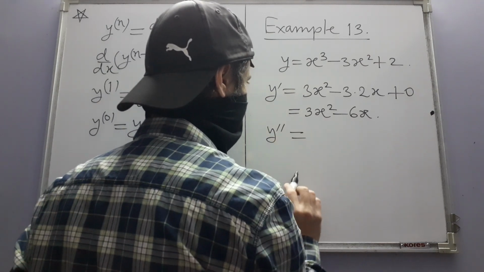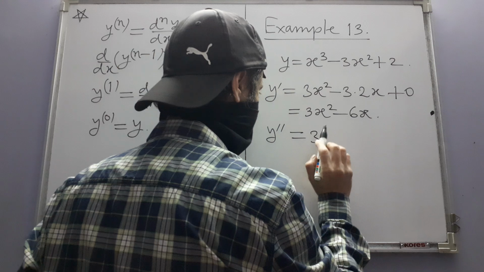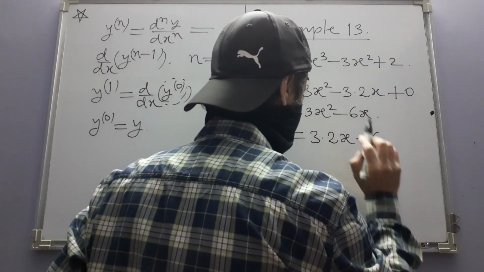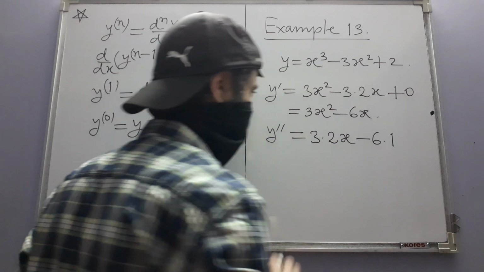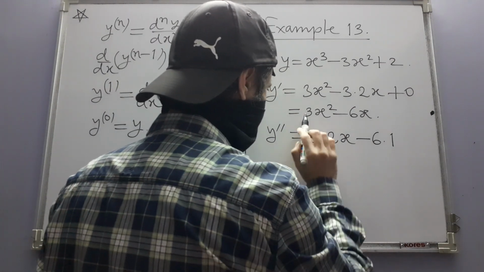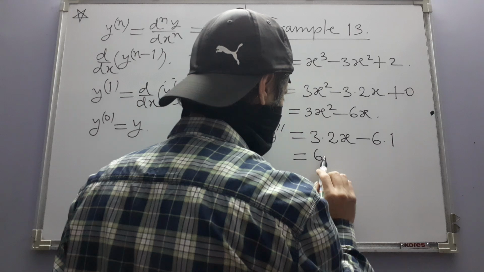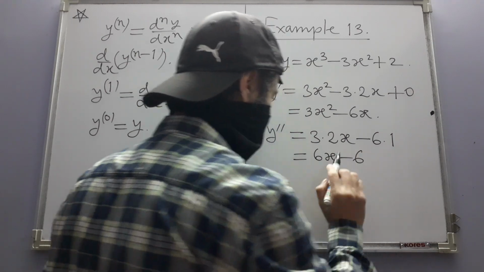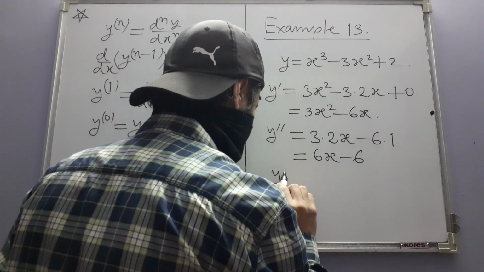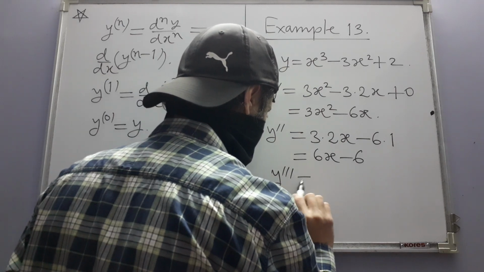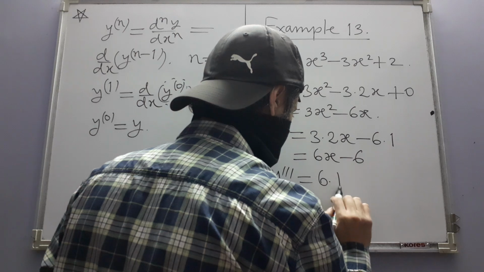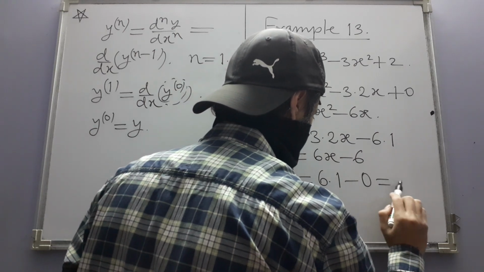The second derivative will be obtained by differentiating this. Minus 6 times differentiating x, we get 1. So differentiating a quadratic polynomial has given us a linear polynomial. Now we can differentiate once more with respect to x, and that will give us 6 times 1 minus 0.